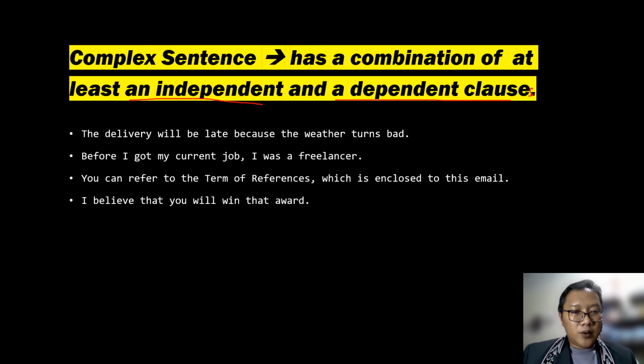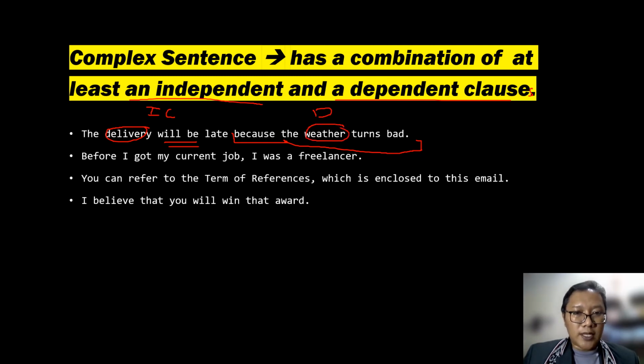Here we have the delivery, the subject, and will be, the verb. This is the independent clause. And then we have because the weather turns bad. This is the dependent clause, with its own subject and verb.